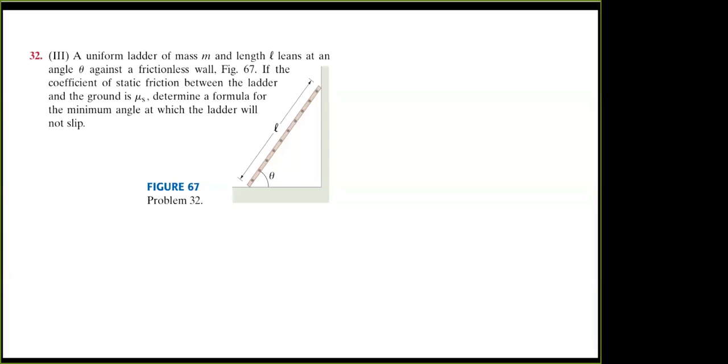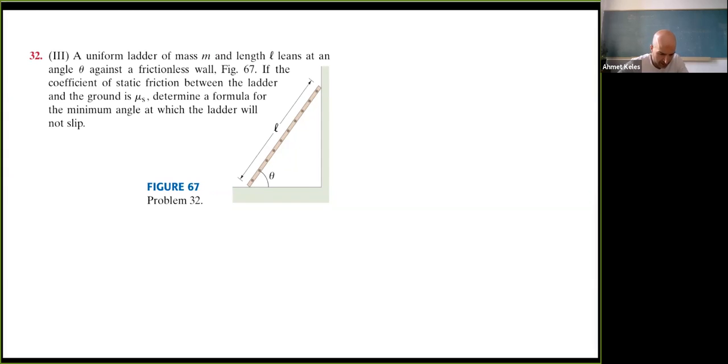Okay. So a uniform ladder of mass m and length L leans at an angle theta against a frictionless wall. If the coefficient of static friction between the ladder and the ground is mu s, determine the formula for the minimum angle at which the ladder will not slip. Forgot the diagram? Yes, let me do that. So here there is obviously some force pulling it down, m ladder times g.